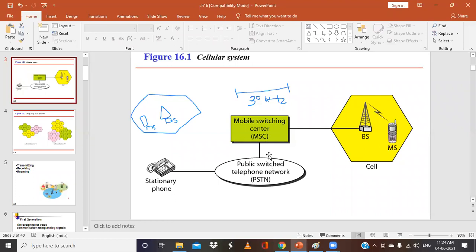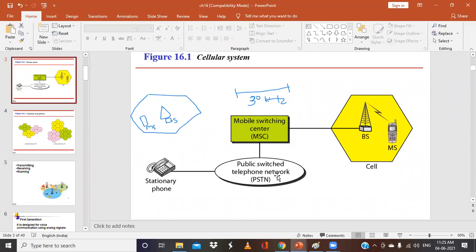So what will this do then? When we dial a number, if the called party is available, if your friend or whomever you're calling is available, then the public switched telephone network, the PSTN, will send that information to the BSC that the channel is free or the called party is available.